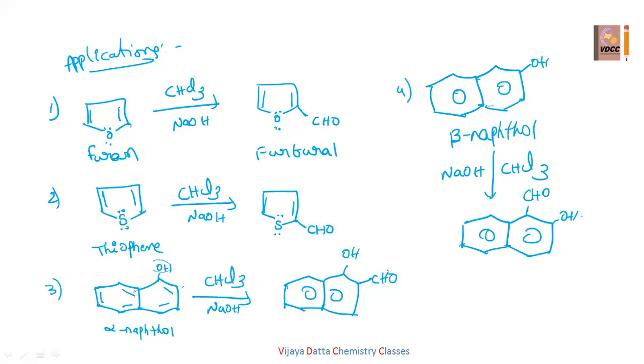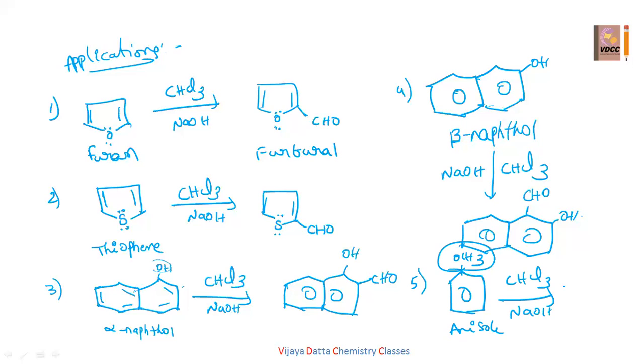Suppose they have taken the fifth one, methoxy, also known as anisole, OCH3. In this anisole, CHCl3 and NaOH are given. But see here, does OCH3 have any acidic hydrogen? No. So the reaction will not take place. The reason is there is no acidic hydrogen.